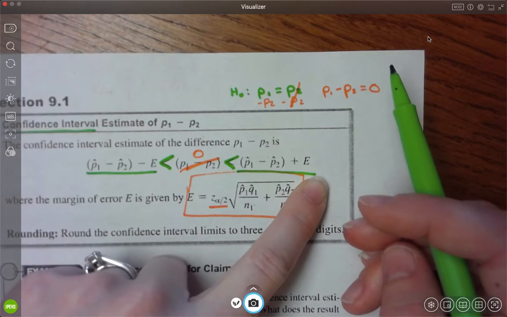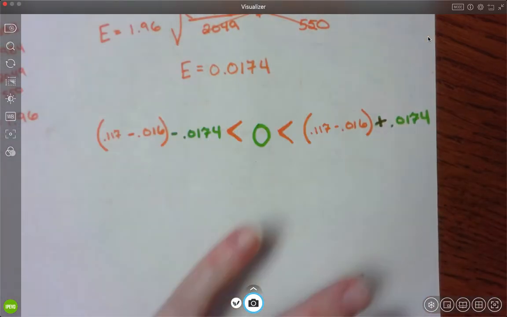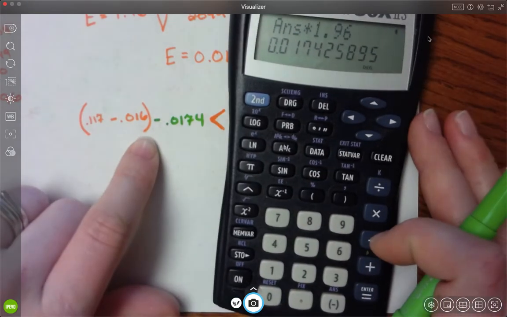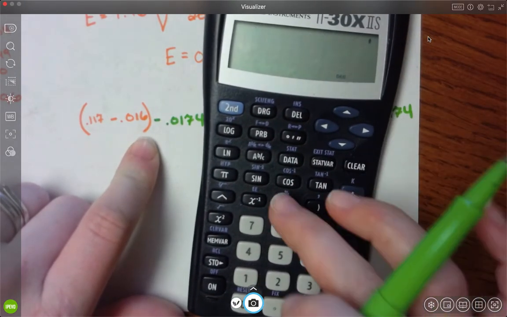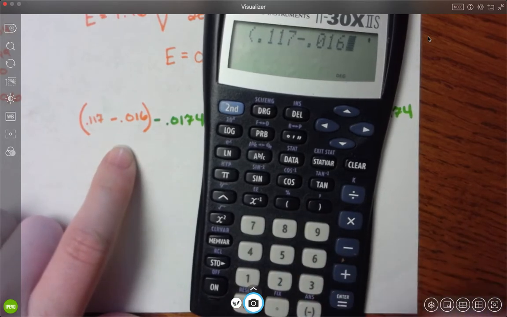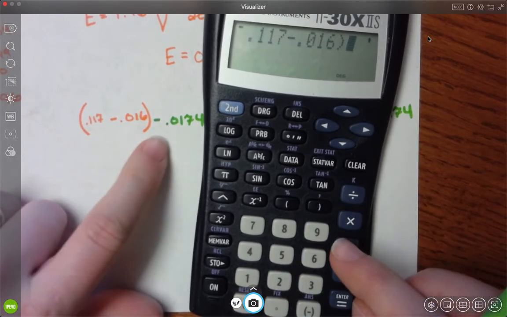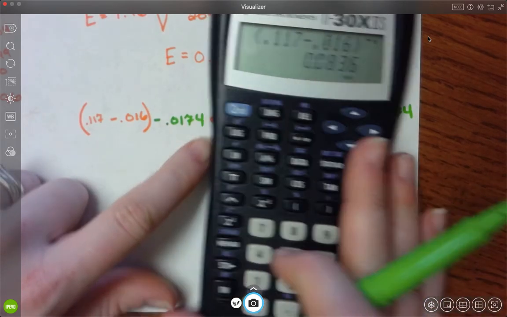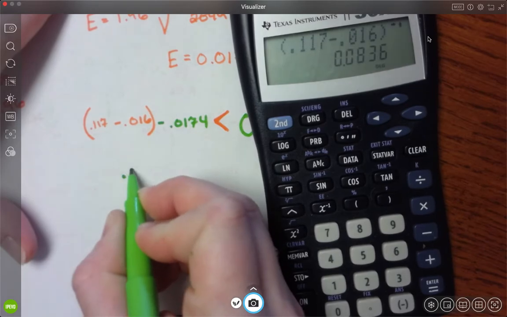All right, so if I type this all in at one shot in my calculator, if I do this left side, parentheses, 0.117 minus 0.016, close parentheses, minus 0.0174. All right, and this guy's going to be 0.0836.